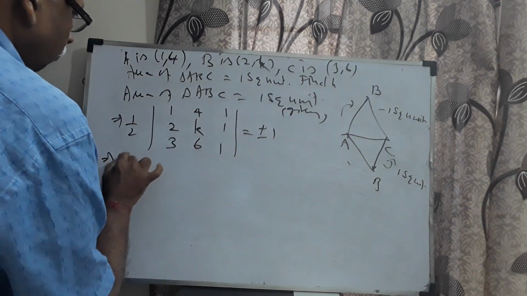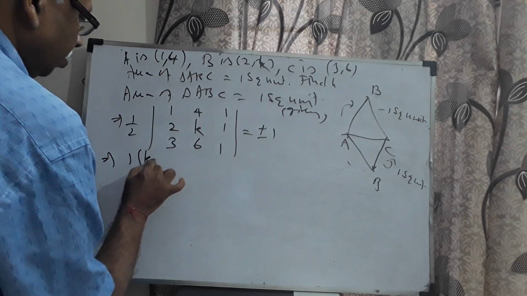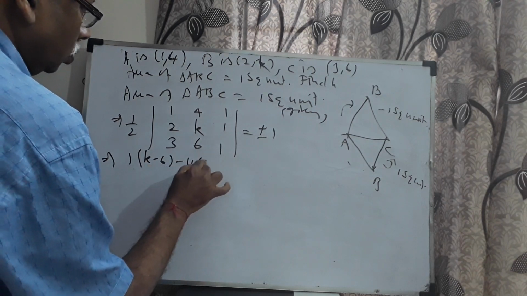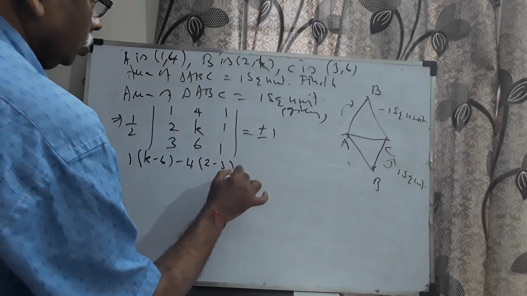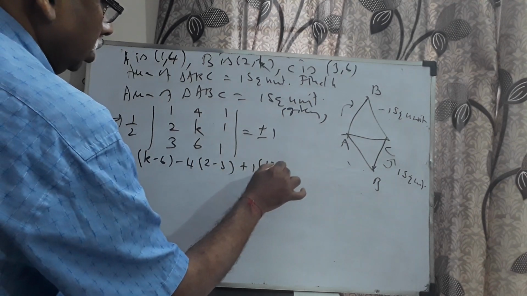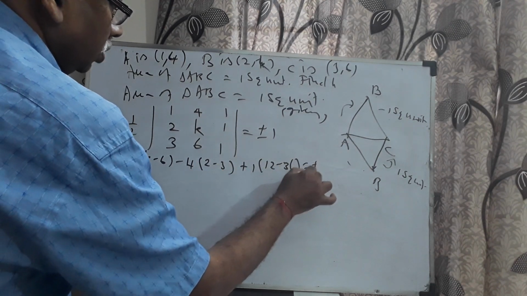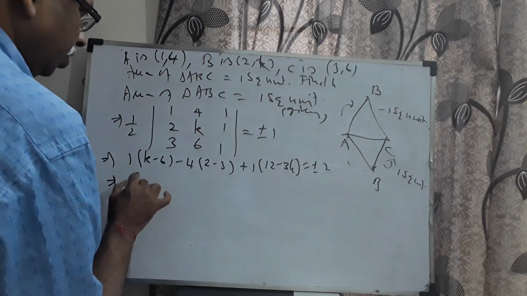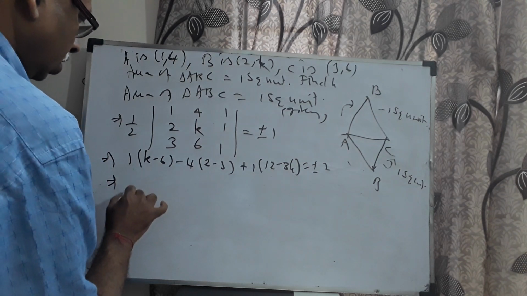Remember carefully, which implies 1 into k minus 6 minus 4 into 2 minus 3 plus 1 into 12 minus 3k is equal to plus or minus 2. Let me try to group anyway.